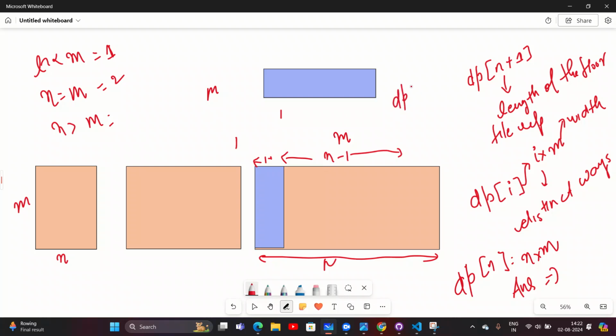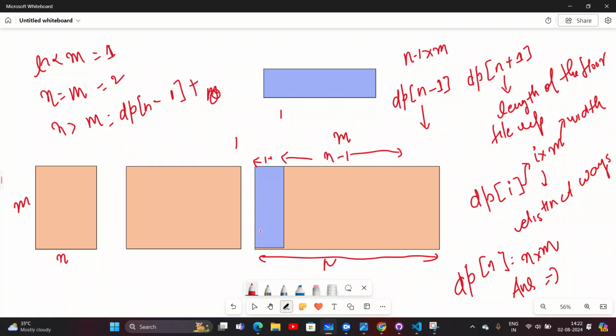So dp of n minus 1, what is it going to return? It is going to return that if we have a floor of dimension n minus 1 cross m, what are the ways in which we can tile up that floor. So dp of n minus 1 will return us the value.